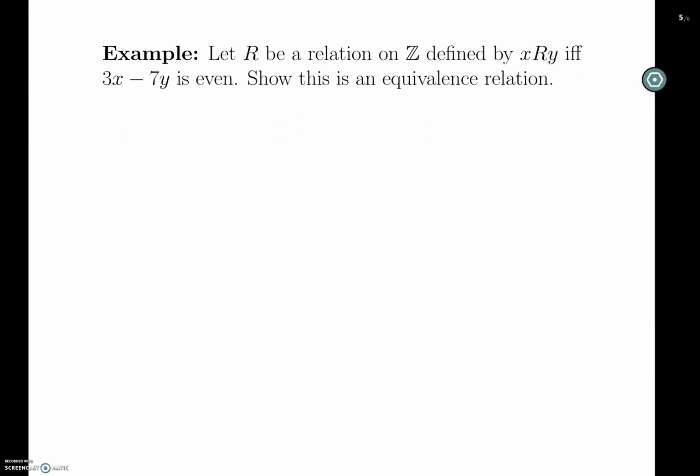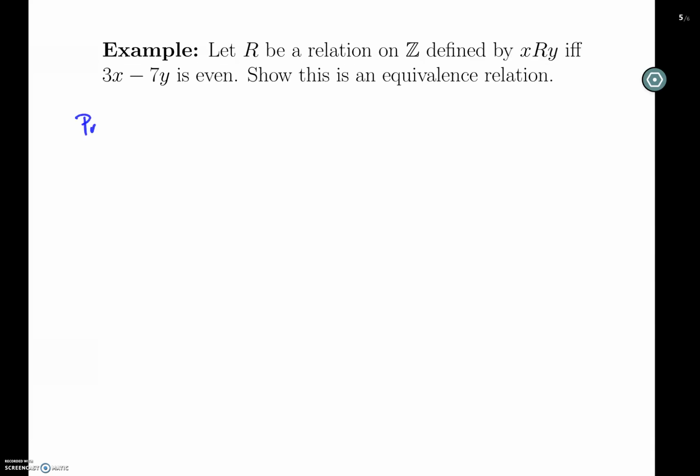Now let's consider R to be the relation on the integers defined by 3x minus 7y is even. So we're going to show that this is in fact an equivalence relation. So we need to show that it's reflexive, symmetric, and transitive. For our proof, we're going to let x, y, and z be integers.